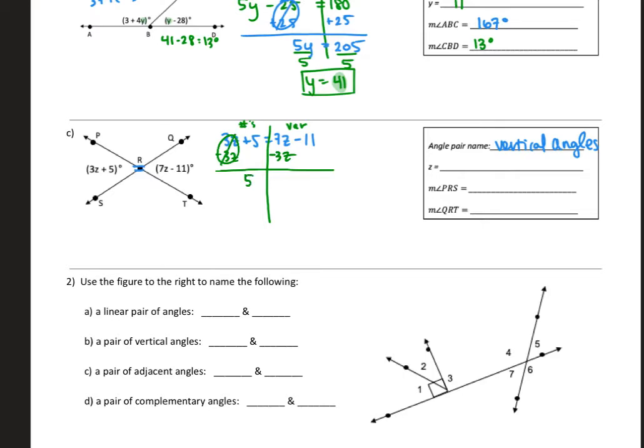So then I have 5 equals 4z minus 11. And then we add 11 to both sides. So 16 equals 4z. And now to get z by itself, divide both sides by 4. So we get z equals positive 4.